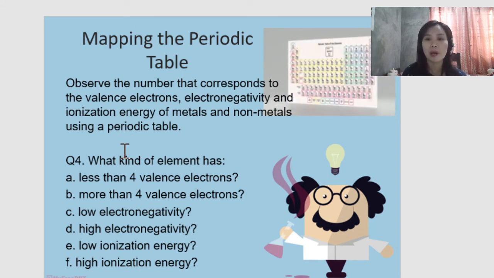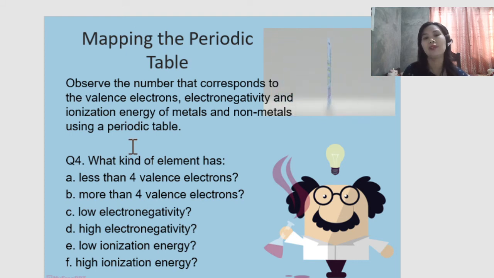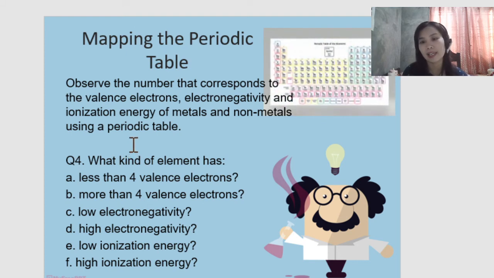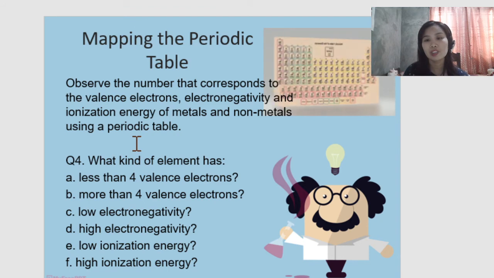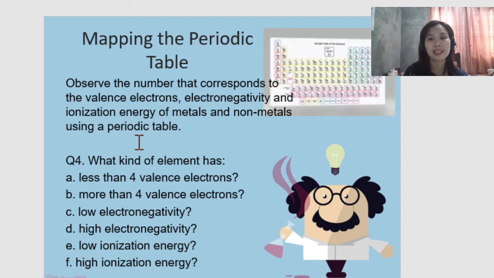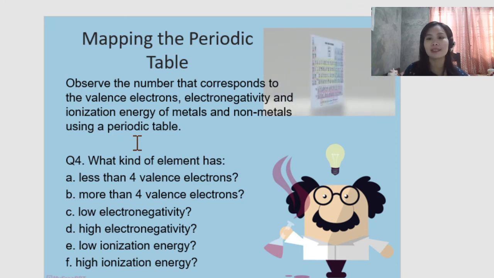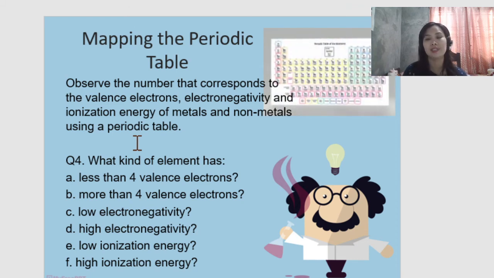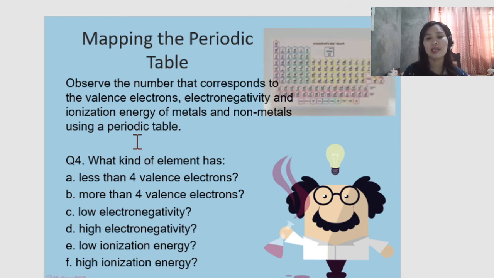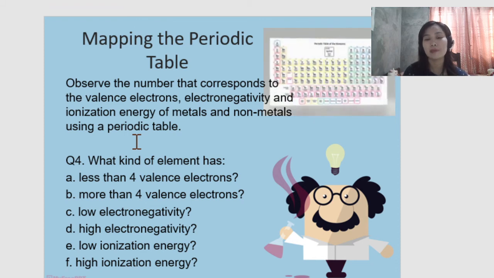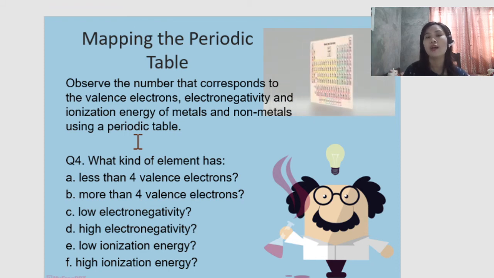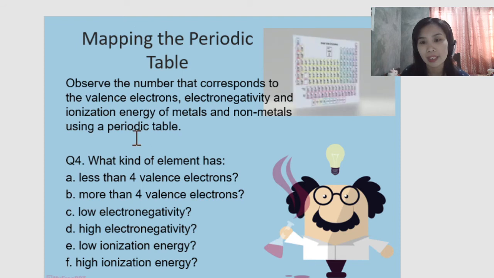In this part, you have to go back to your Grade 8 or Science 8 definitions of valence electrons, electronegativity, and ionization energy. You can also utilize the LMS library because all the sources of our activity are there.